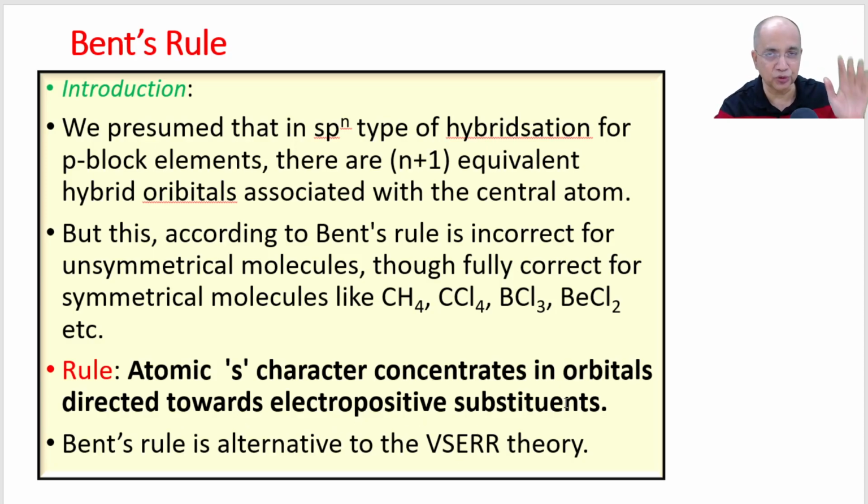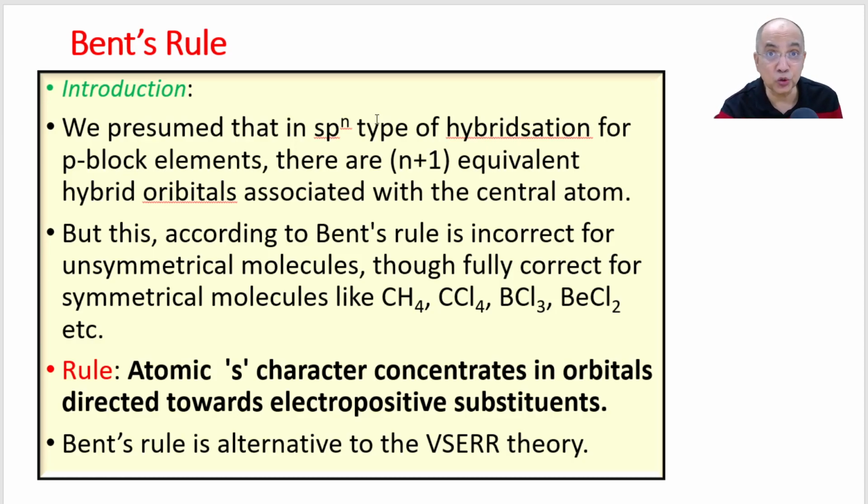I'll explain to you. Now, we know in the p block elements the central atom undergoes sp, sp2, sp3 hybridizations. If the hybridization is sp3, we say 4 equivalent hybrid orbitals are formed.